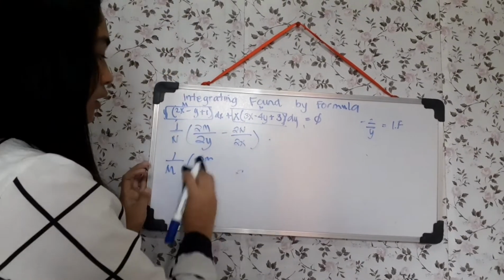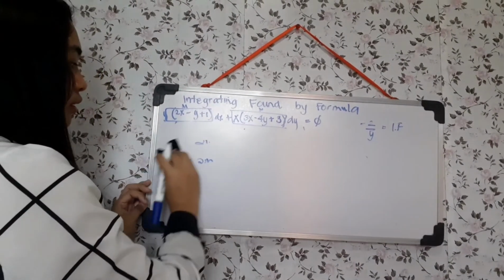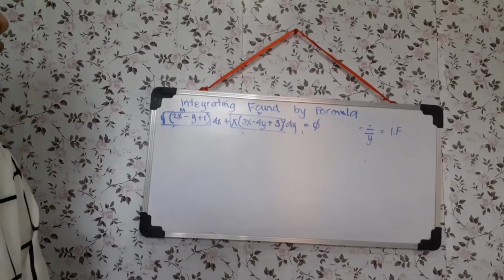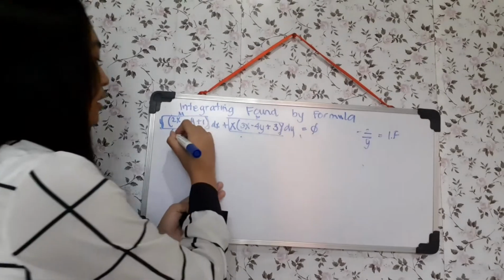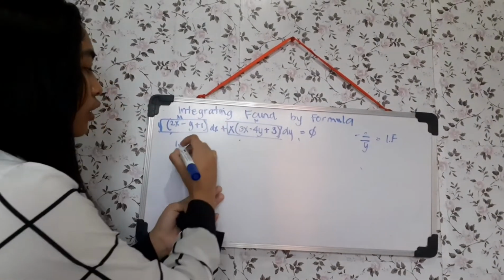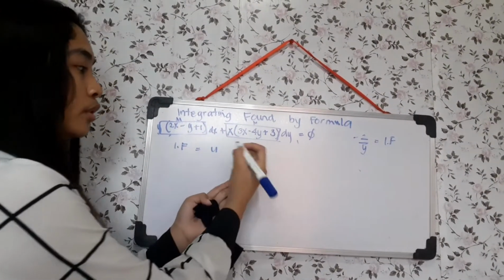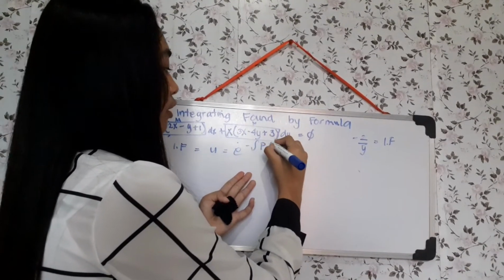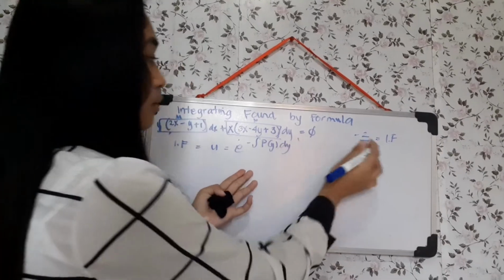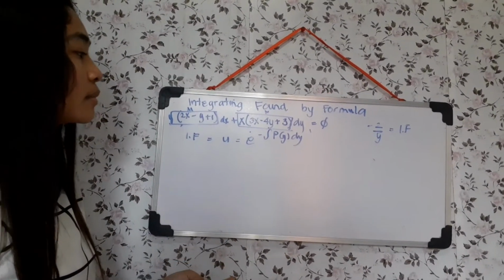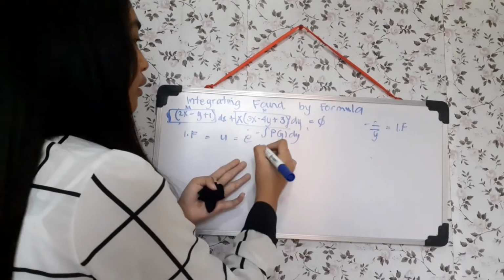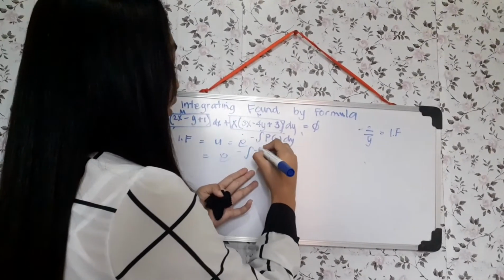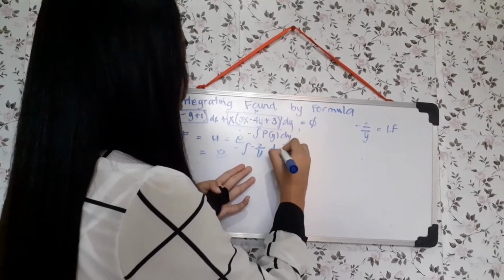So the integrating factor is also written as u is equal to e raised to negative integral of P of y dy. So substitute. So equals e raised to negative integral of negative 2 over y dy. So it becomes positive.